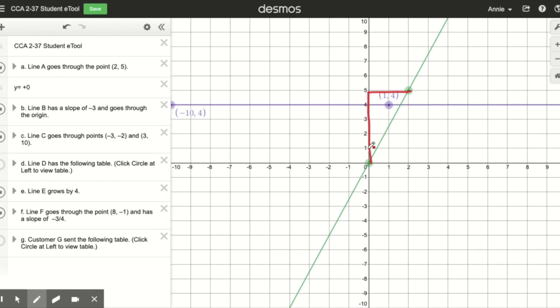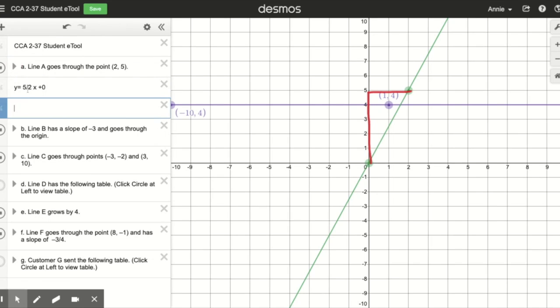My rise is up 5. My run is 2. So that means my slope is 5 divided by 2, and then make sure it's got that x after it. And now let's go ahead and add another one since it asks for another one. You can put this point anywhere. It does not matter, so I'll let you do that one on your own.